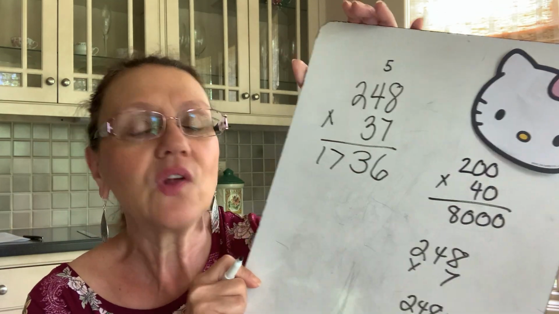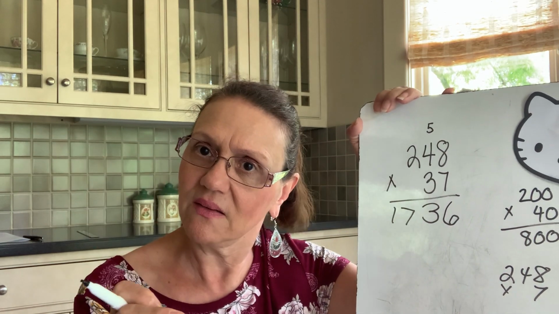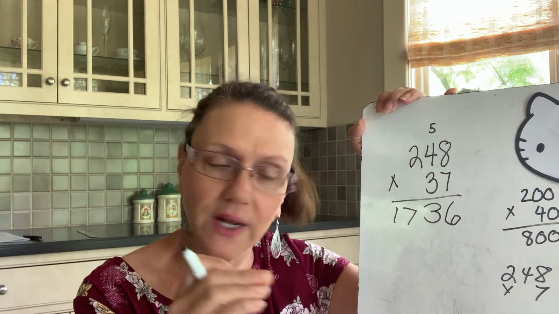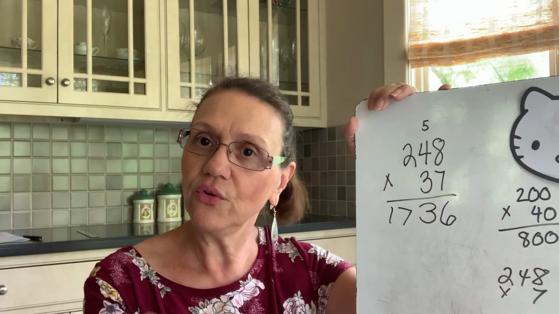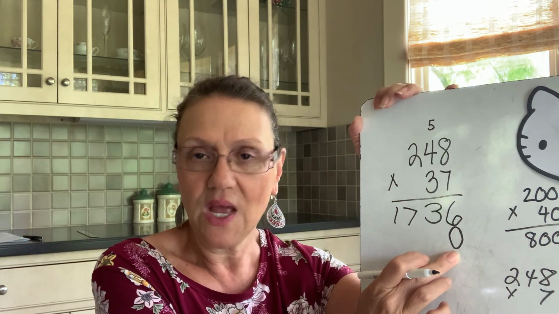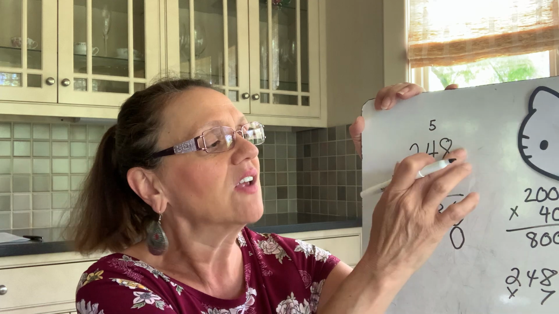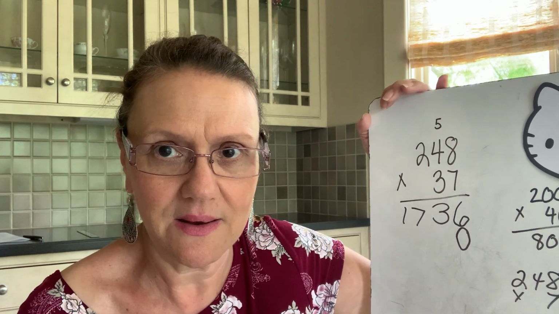Okay. So next thing we do is we're going to be multiplying the tens. Now, because we're multiplying the tens, our partial product has to begin in the tens place. So in order to remind us to do that, we put a placeholder of 0 in the ones. Because even though we're going to do 3 times 8, it really isn't 3 times 8, it's really 30 times 8.